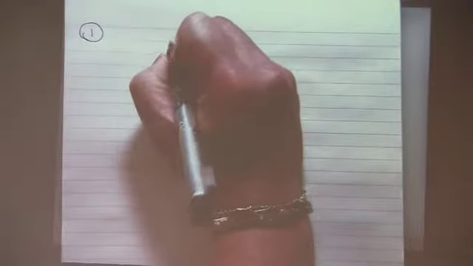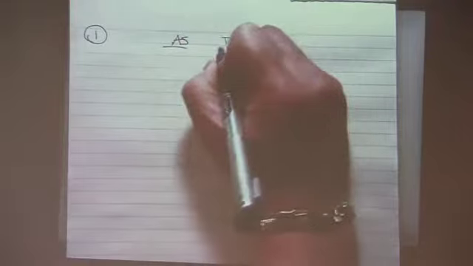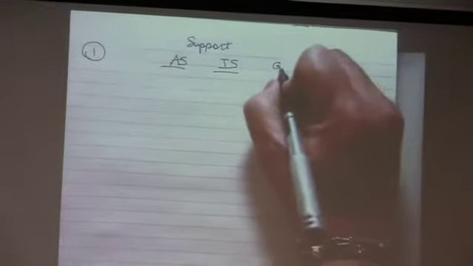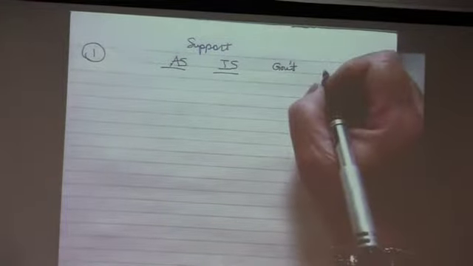So in item number 1, I like to use a chart, similar to the chart that was given to us. So let me write down the support departments AS and IS first. That's the support department, and then the operating departments are government and corporate.